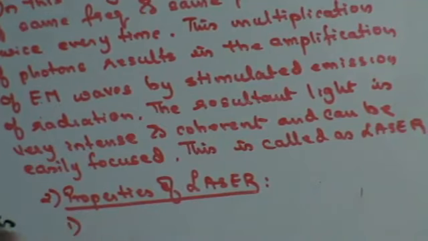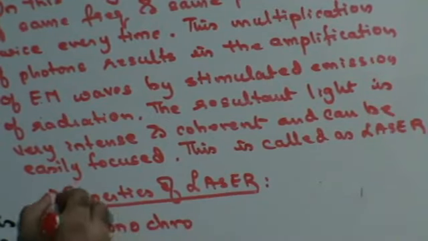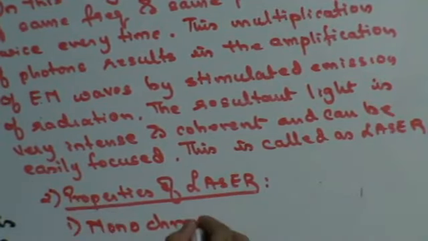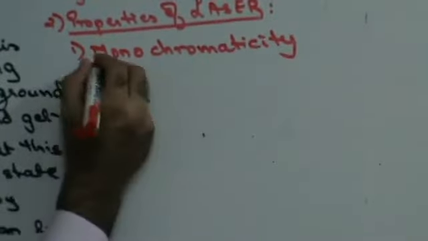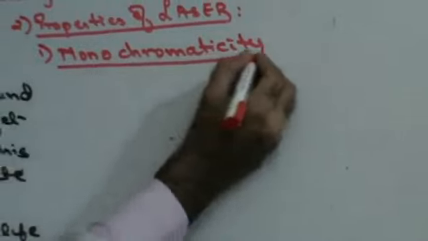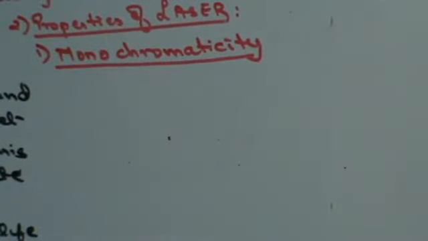The first property is monochromaticity. Now, the laser beam is highly monochromatic.